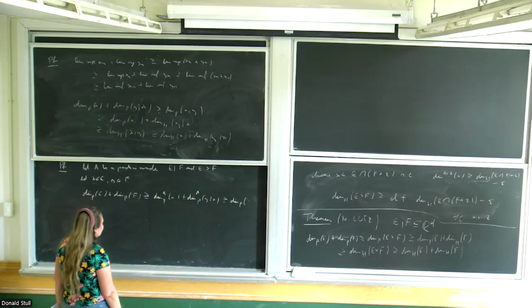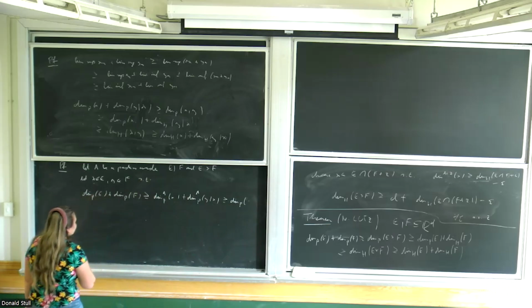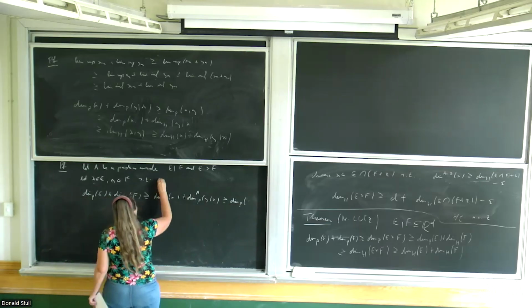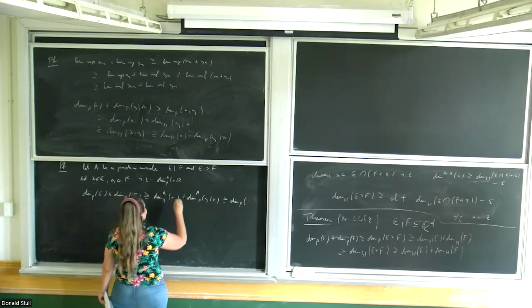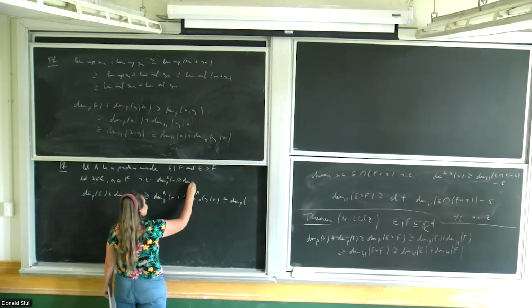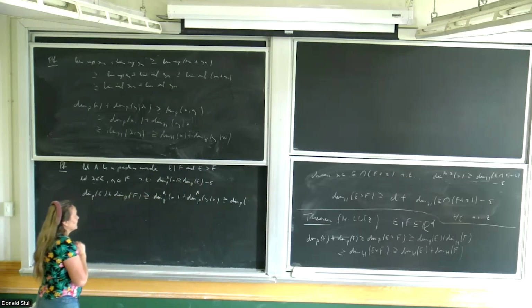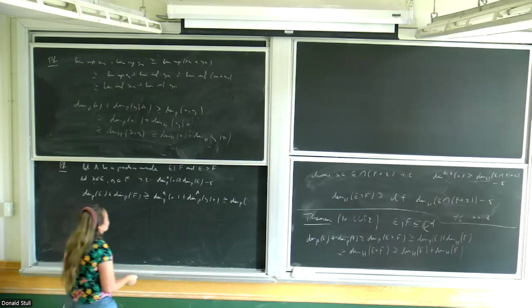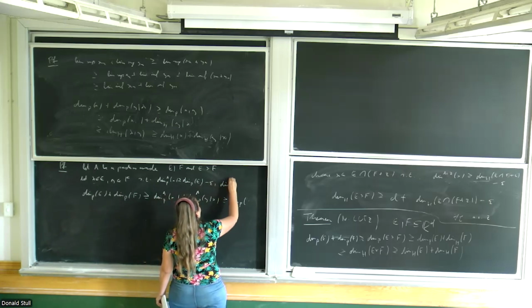So what I want, let me choose this such that the packing dimension, this is larger than the packing dimension of E minus epsilon. And I also want the second term to be larger than the A^x.